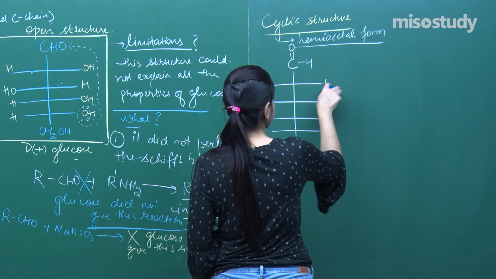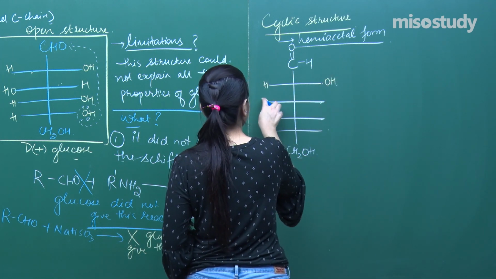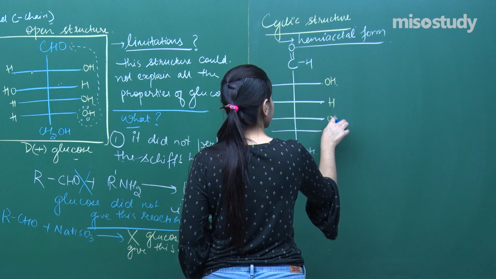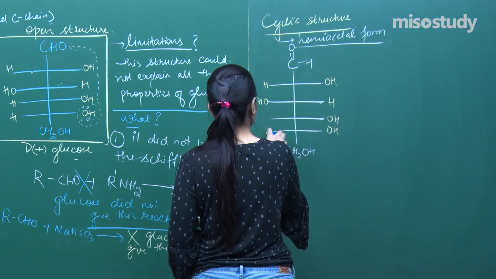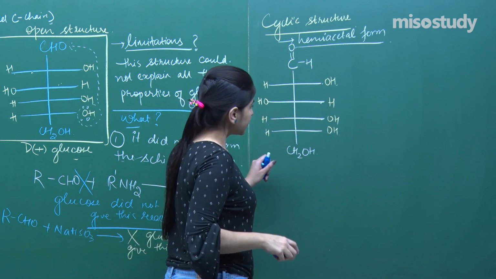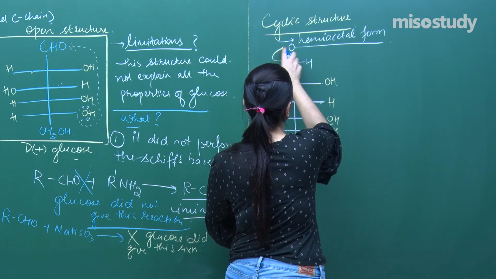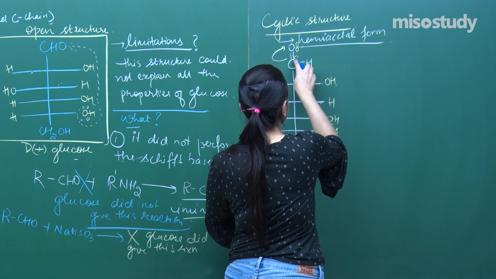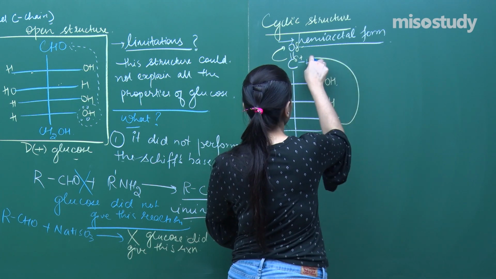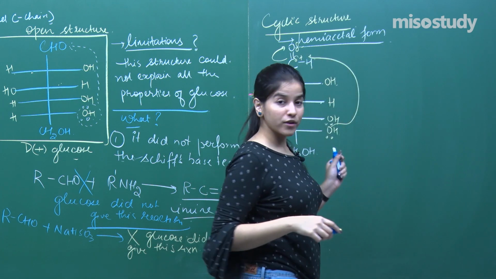RLRR, remember? Fine. Now, there are the lone pairs. These lone pairs, delta negative, delta positive, got attracted somehow here, and what has happened?